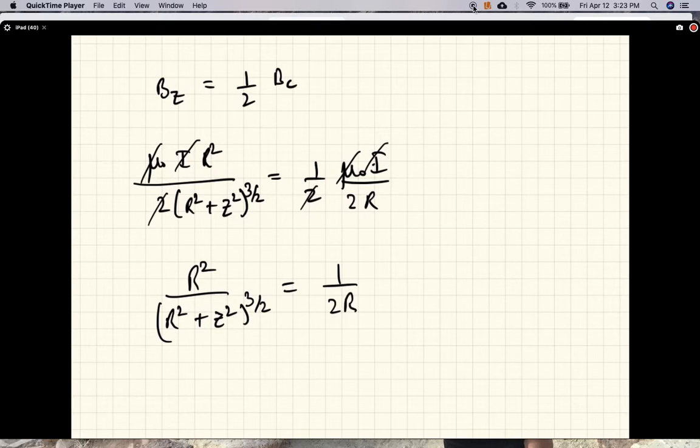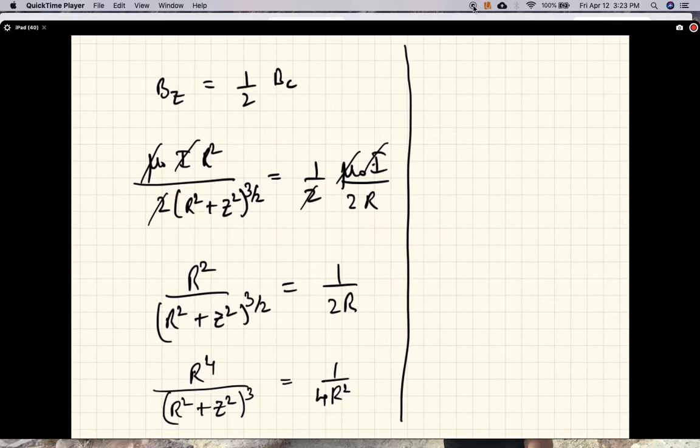And so we need to solve for z. What we'll do is square everything, so we want to get rid of the square root symbol. So r to the power 4 over (r squared plus z squared) cubed equals 1 over 4 r squared.